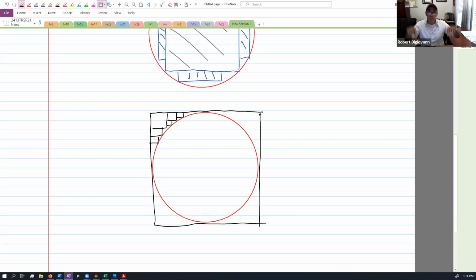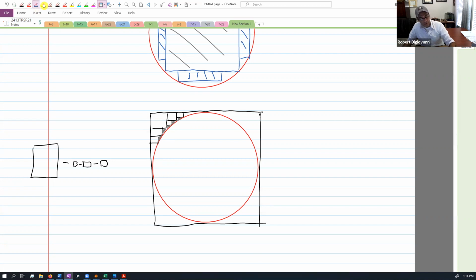So I have the area of the big square, and then I start subtracting all the smaller rectangle areas that I find on the inside. Now, when I do that, I'm still going to have little gaps, little errors here, right? That I didn't account for. So it's not going to be perfect, but it'll be an estimate.